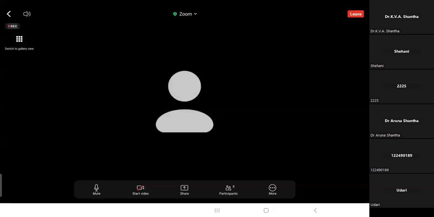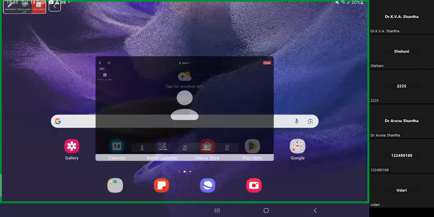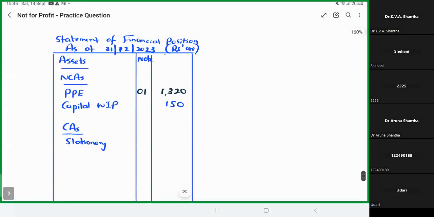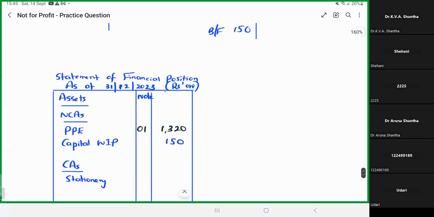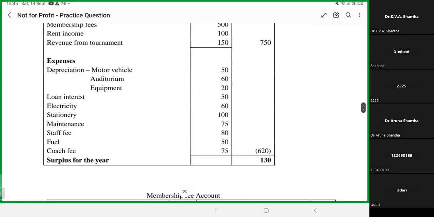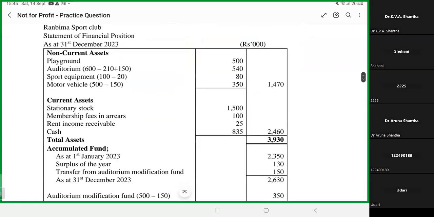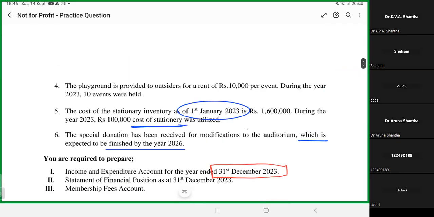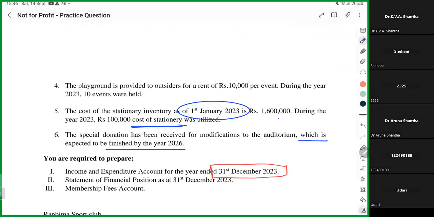You see, on 1st January you had 1,600. Out of that, 100 was utilized.